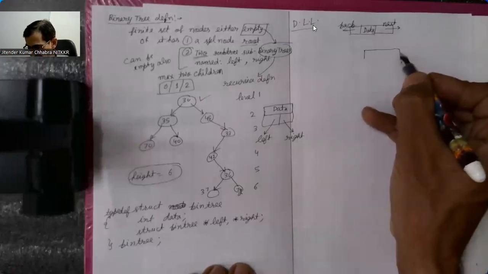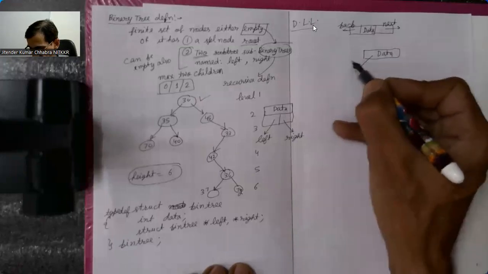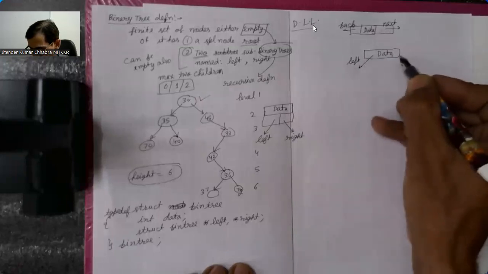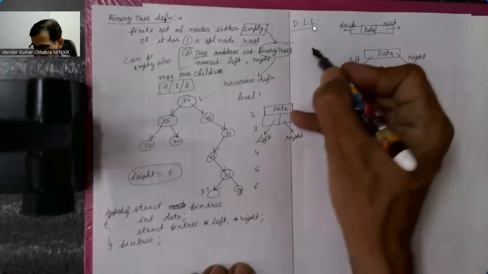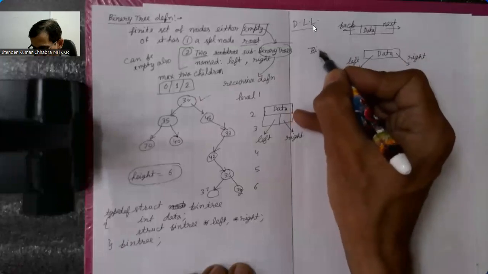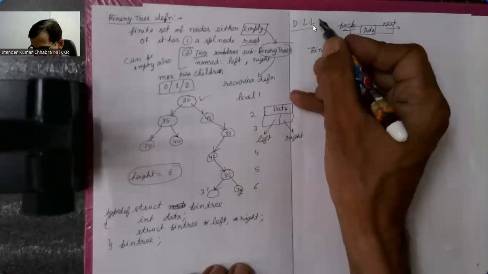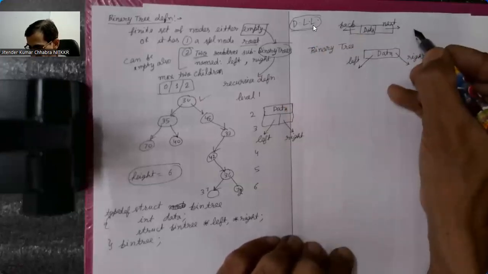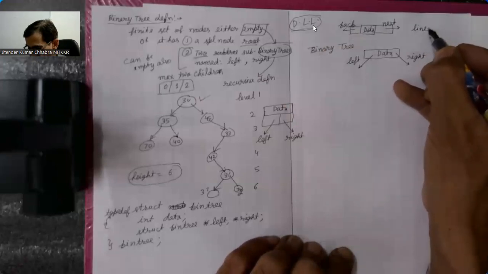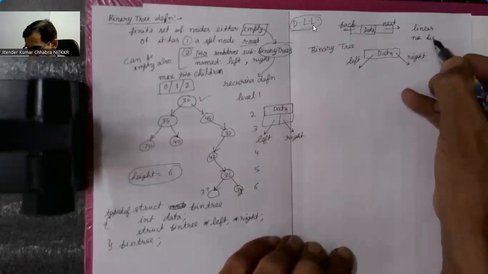Now we have data, and we have a left pointer and a right pointer. So in case of a binary tree, things look very identical to what we discussed in the doubly linked list, but that was a linear storage. No hierarchy was being discussed.